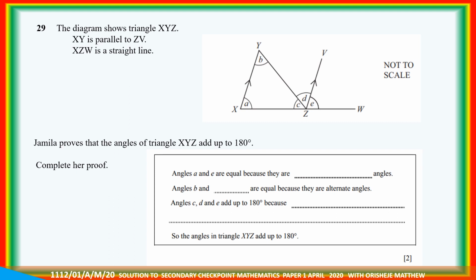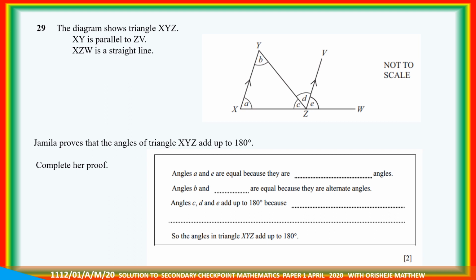Question 29 has to do with parallel line geometry. From what we have there, Jamila proved that the angles of triangle SYZ add up to 180 degrees. Complete her proof.